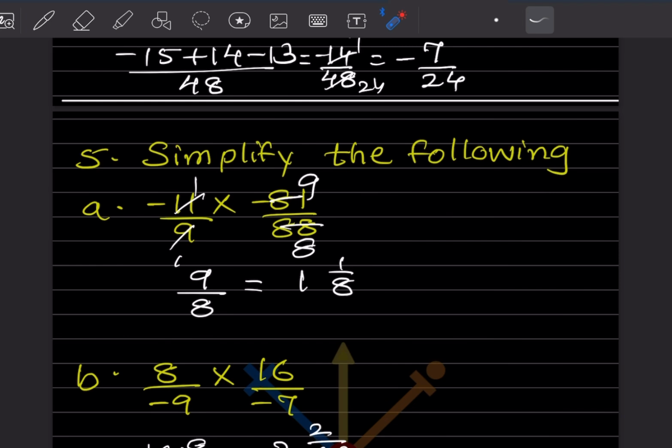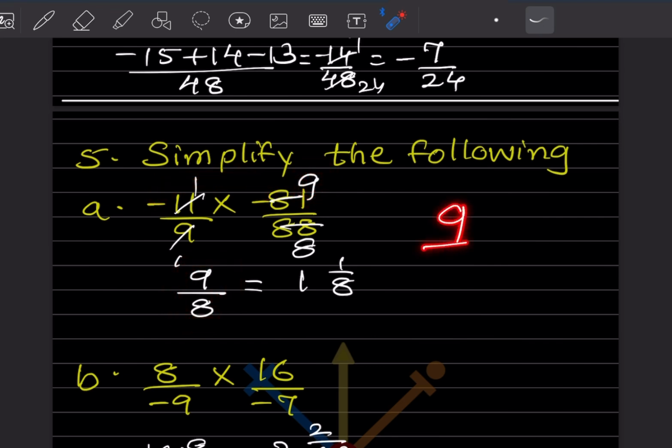Now you have to simplify the following. This is multiplication. So in multiplication, you have to bring it to the lowest terms. So 9 ones are 9, 9 ones are 9, 11 ones are 11, 8 ones are 8. So here, you see this is negative and this is negative, so it becomes positive. So what remains is 9 by 8. Now you can see this 9 by 8 is an improper fraction. Why?